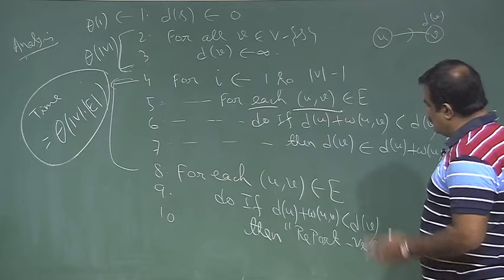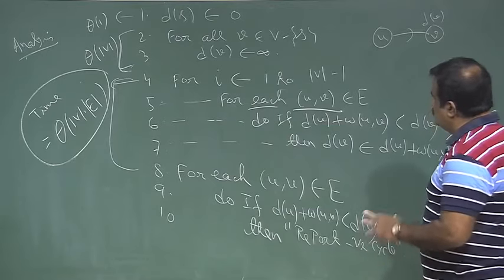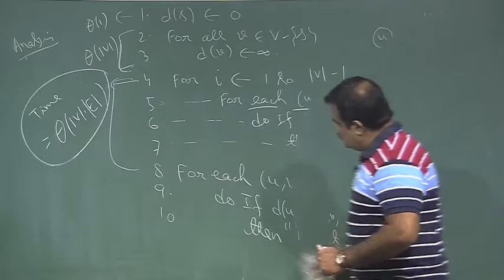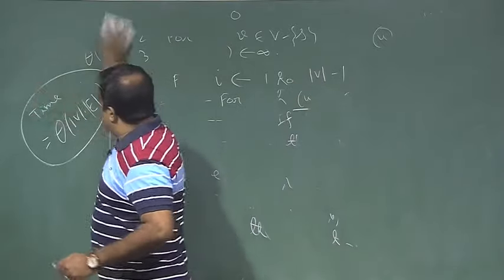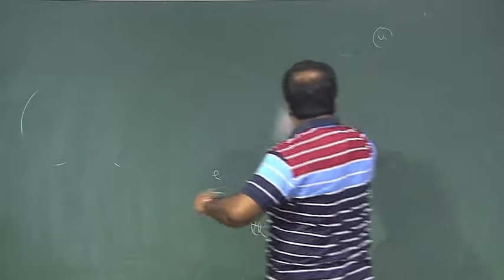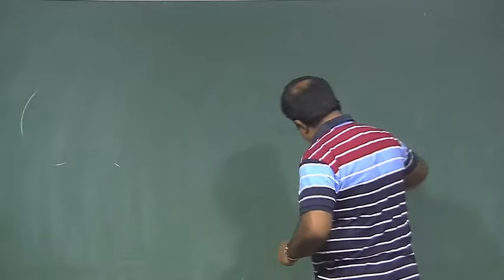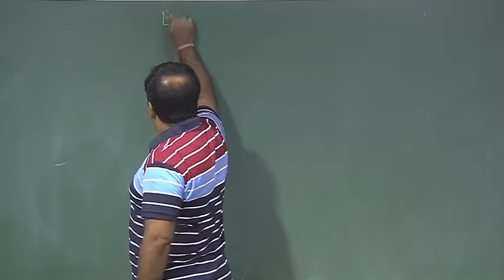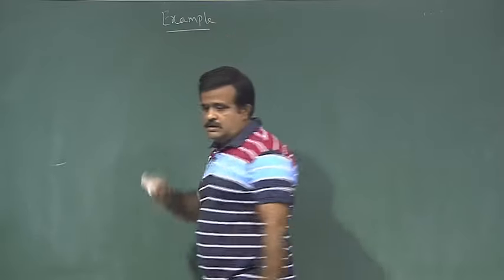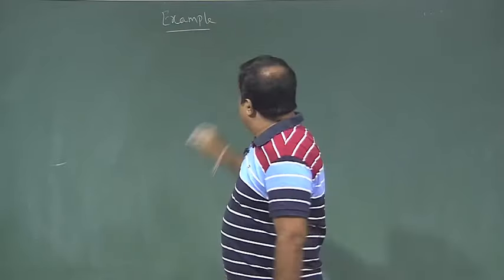Now let us take an example of how this algorithm works. Let us take a graph, then we will execute Bellman Ford on that graph.